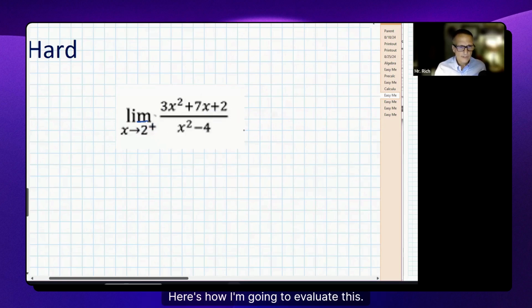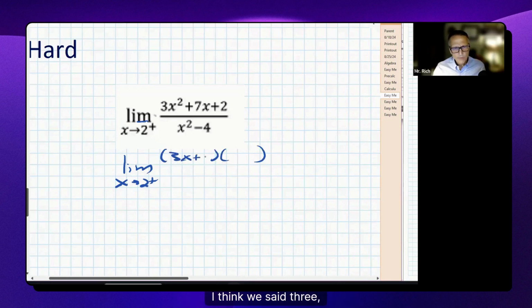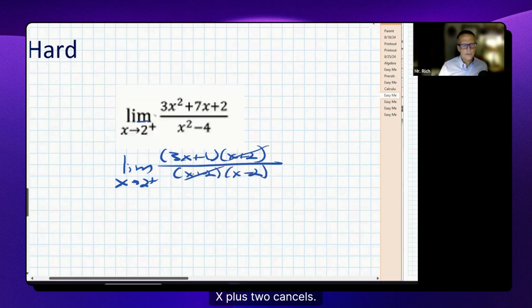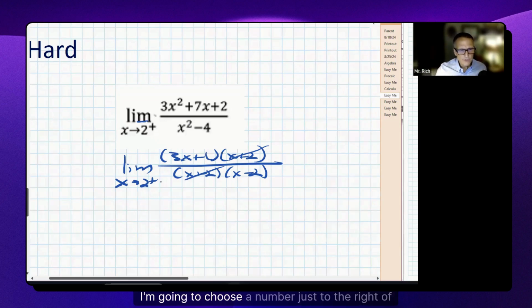Here's how I'm going to evaluate this. I'm going to go back and rewrite this limit as x approaches 2 from the right. Let's write it in its factored form. I think we said 3x plus 1, x plus 2. Difference of squares, x plus 2, x minus 2. So we can remove that. X plus 2 cancels. What I'm going to do to determine whether the function is going up to infinity or down to negative infinity at this vertical asymptote is choose a number just to the right of 2, because it's coming in from the right.